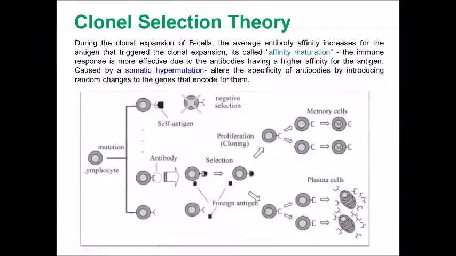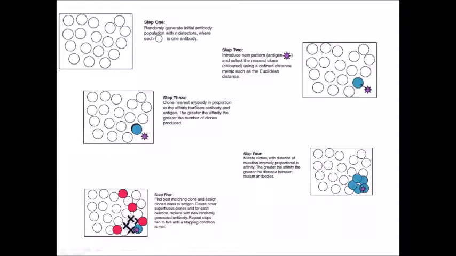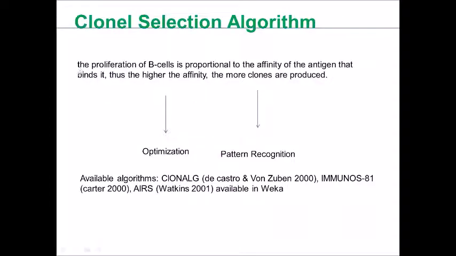During the clonal expression of B cells, the average antibody affinity increases for the antigen, meaning that the newly generated cells during the cloning process will have stronger capability, through a higher affinity maturation process. This is the same process, the proliferation of the B cell.